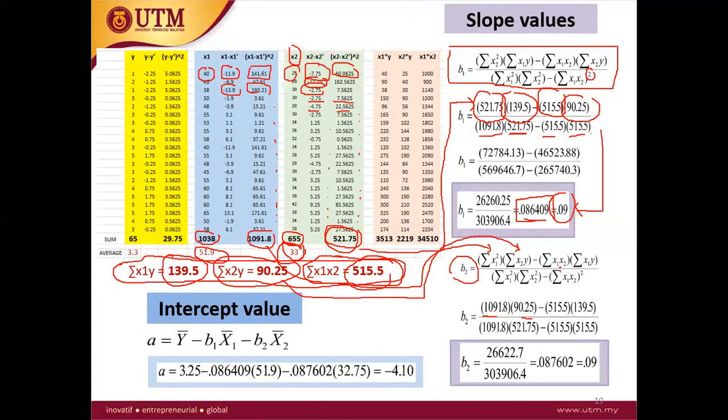The sum of x1, x2. And the sum of x1y, 139.5.